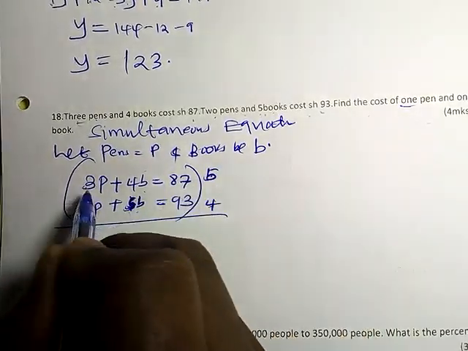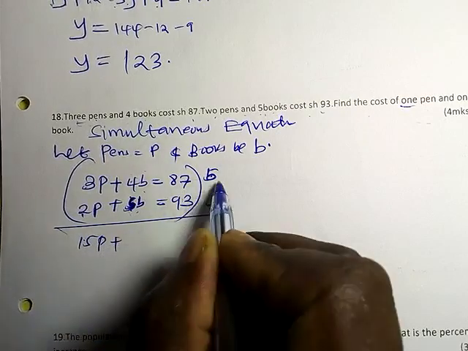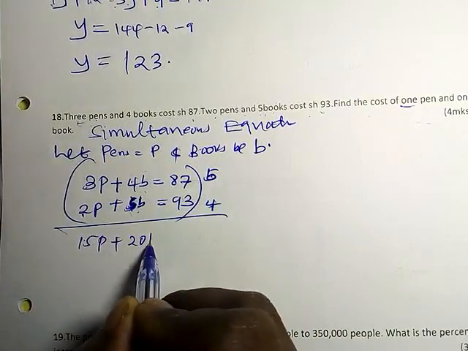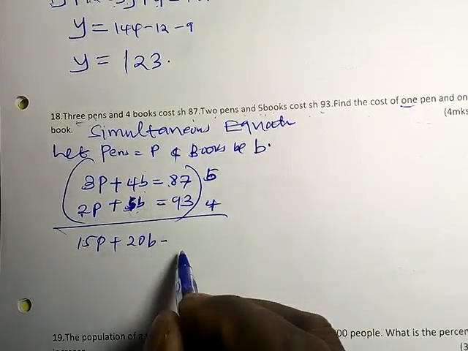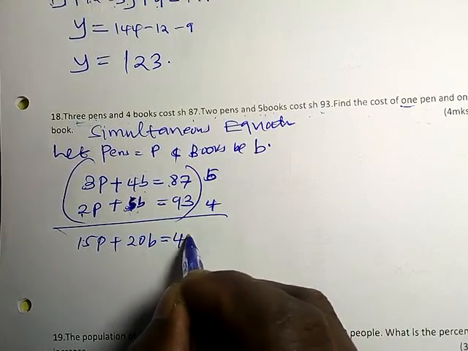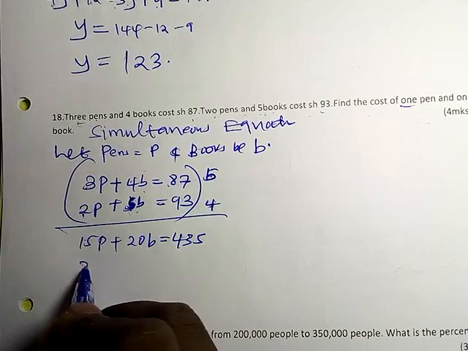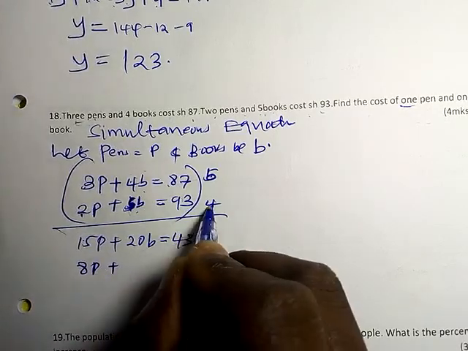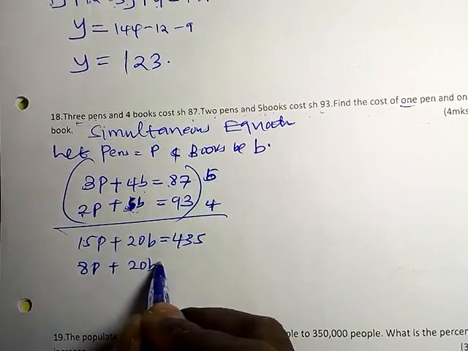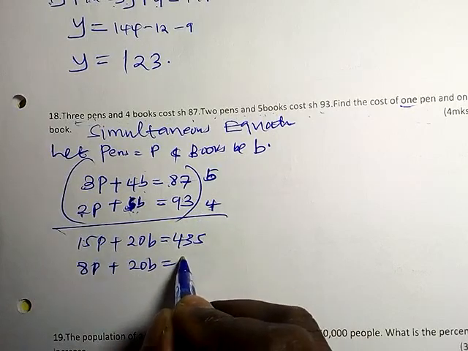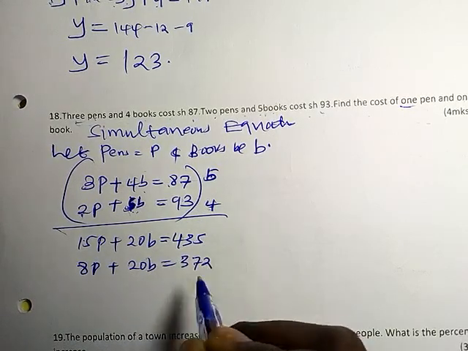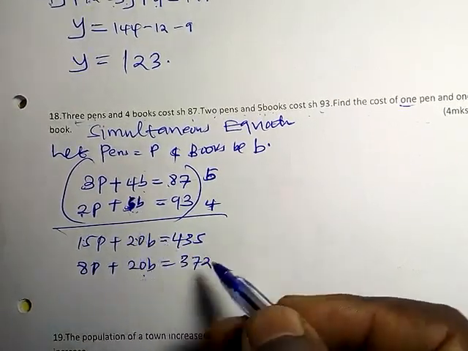So this times this is going to be 15P plus 20B, equal to 435. 4 times 2P is equal to 8P plus 20B equal to 372. So you see now 20B minus 20B is 0.